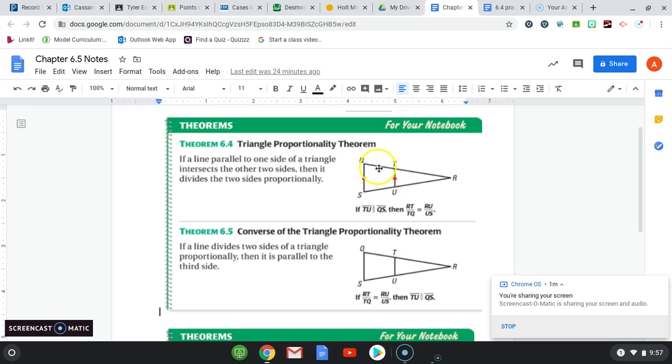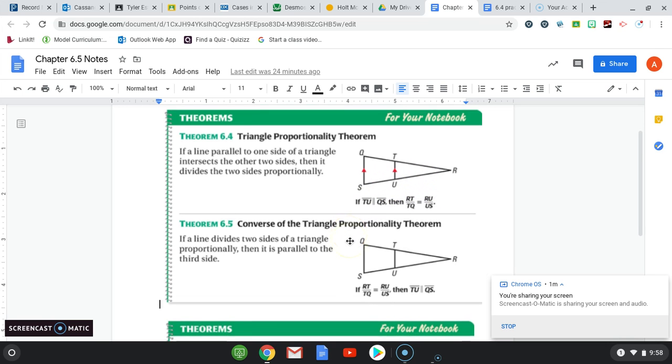So you'll notice that QT and SU are both between the parallel lines, and you'll see that they're corresponding in the denominator, and RT and RU are on this side of the parallel lines, and they're in the numerator. So once again, if you compare the sides on this side of the triangle, RT over TQ, that's going to be equal to RU over US.